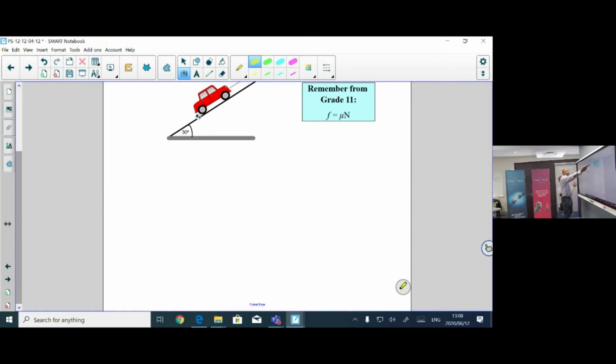Remember, in grade 11, you have done frictions. We have kinetic frictions, we have static frictions, but this time, because this one is moving up, we talk about the kinetic friction. That is denoted by small letter f, which equals mu capital letter N, which is the normal.